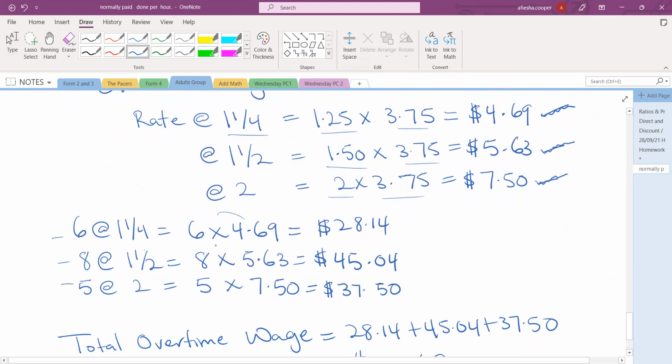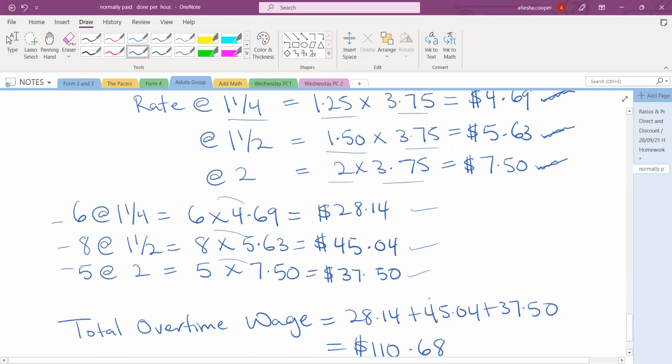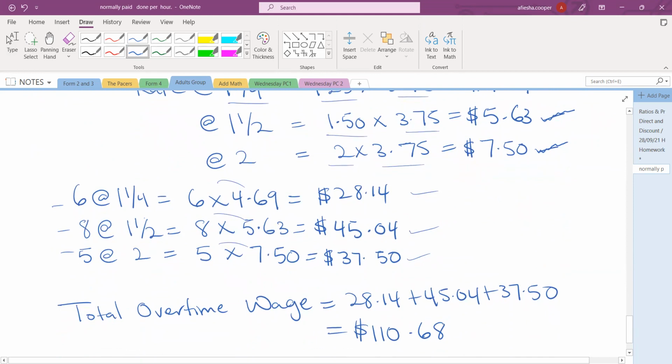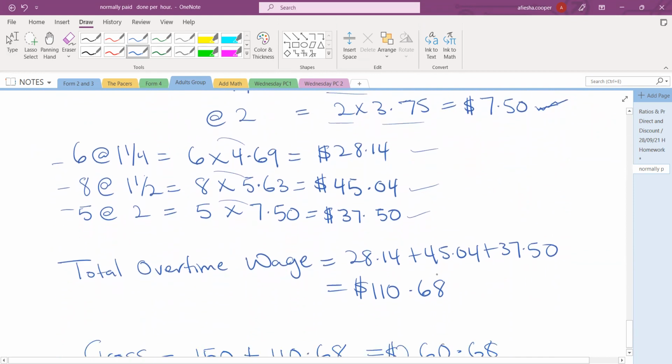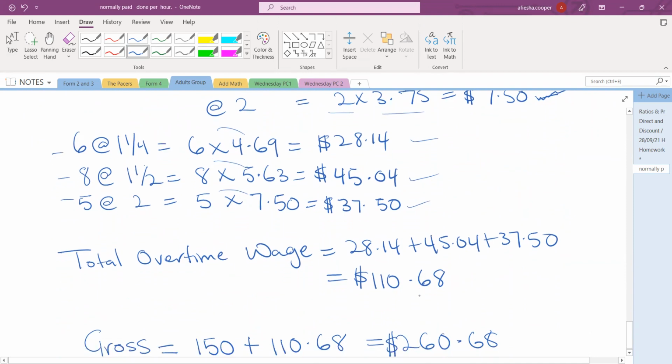So all we have to do is multiply each one to get her total time and a quarter, her total time and a half, and her total double time. And her total overtime wages when we add the 3 up. So the total overtime, when we calculated it, was $110.68.